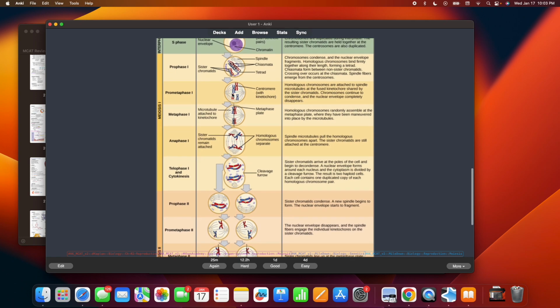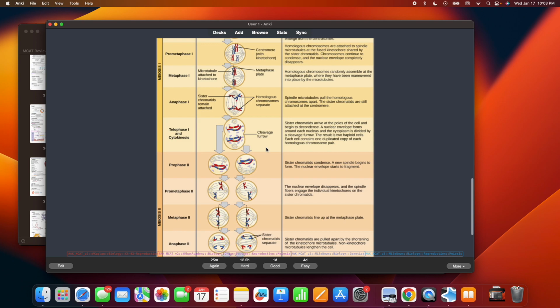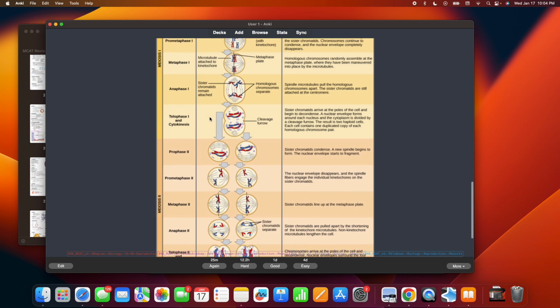Now each daughter cell from meiosis 1 is 2 haploid cells. Each cell contains 1 copy, not 2 copies, 1 copy.